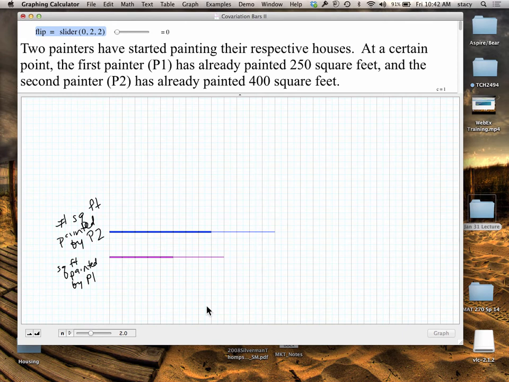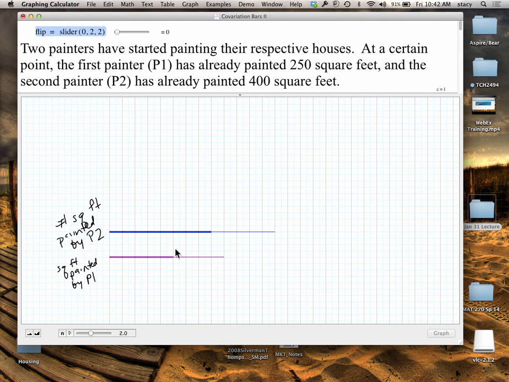I did something a little special to it that we haven't seen before. Okay, yeah. So I've got bolded lines for the initial amount that they painted before lunchtime, and then I've got the skinny lines showing the change, right?